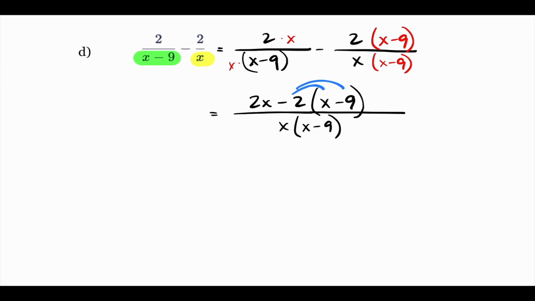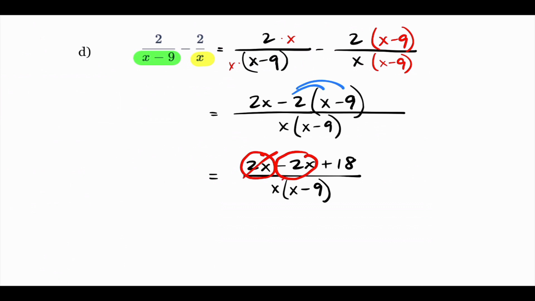Okay, so I distribute the negative 2, and I get 2x minus 2x plus 18. Combine like terms. Now I can add and subtract. The x's cancel out because 2x minus 2x.